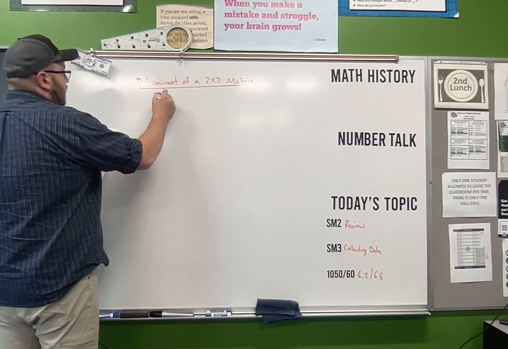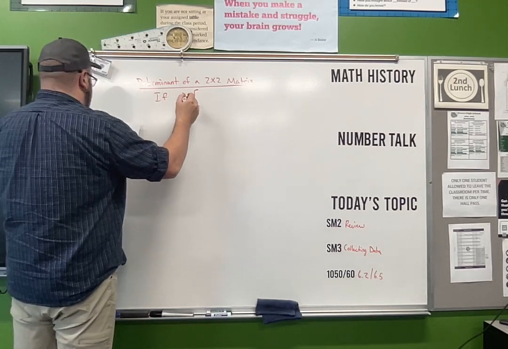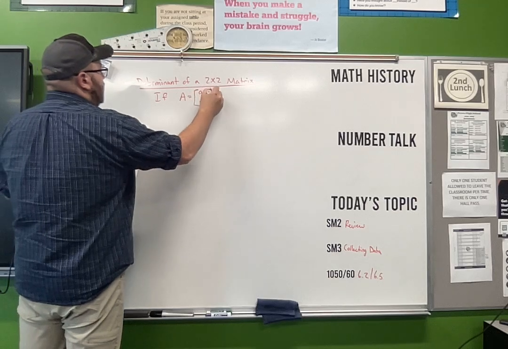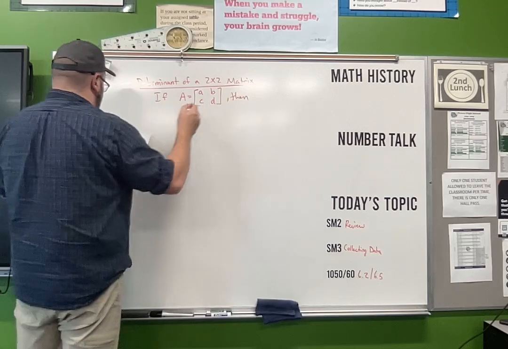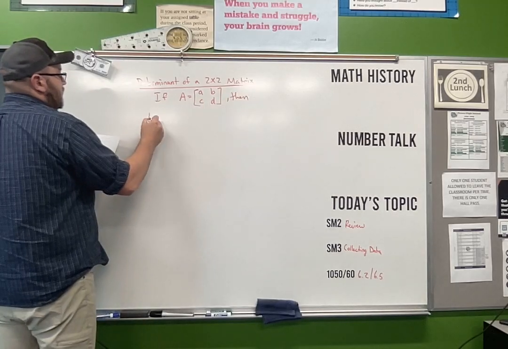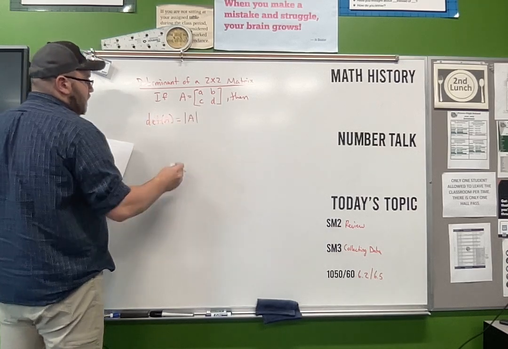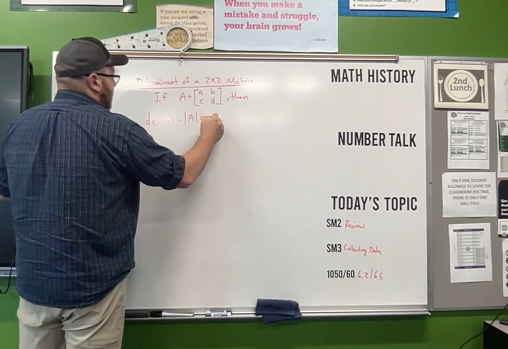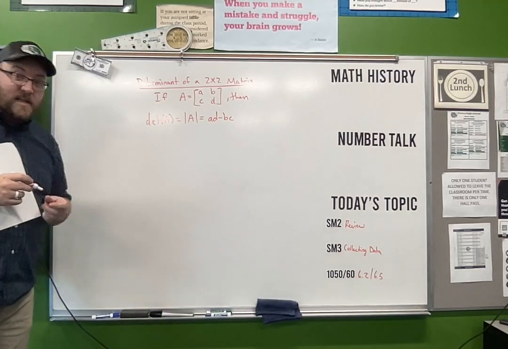If A equals the matrix with column A, C and column B, D, then the determinant of A, which is equal to absolute value of A, is equal to AD minus BC, which is something we just did, right?